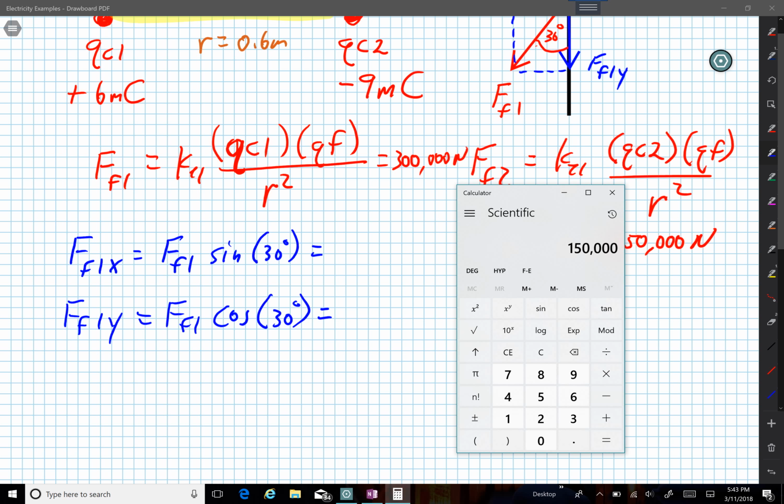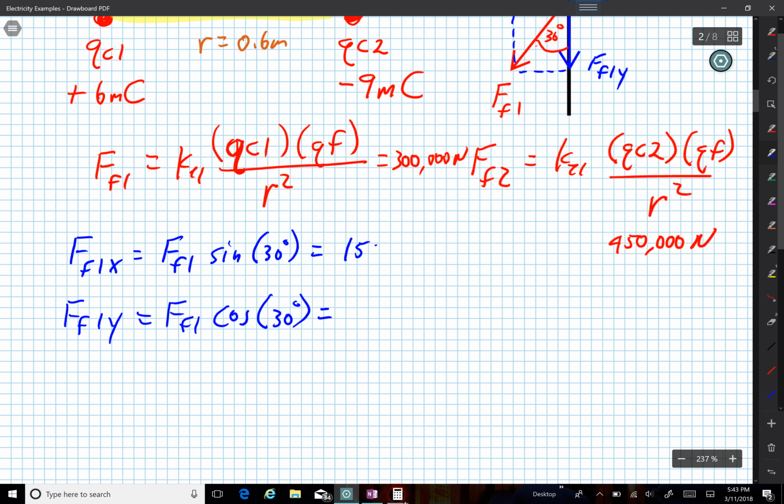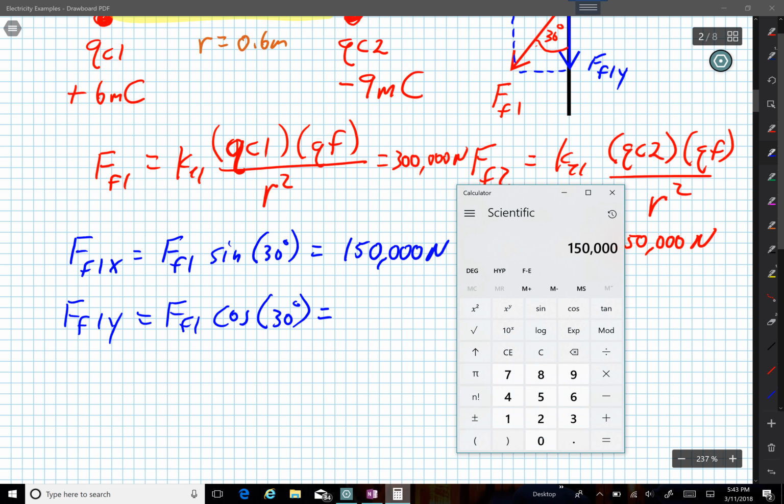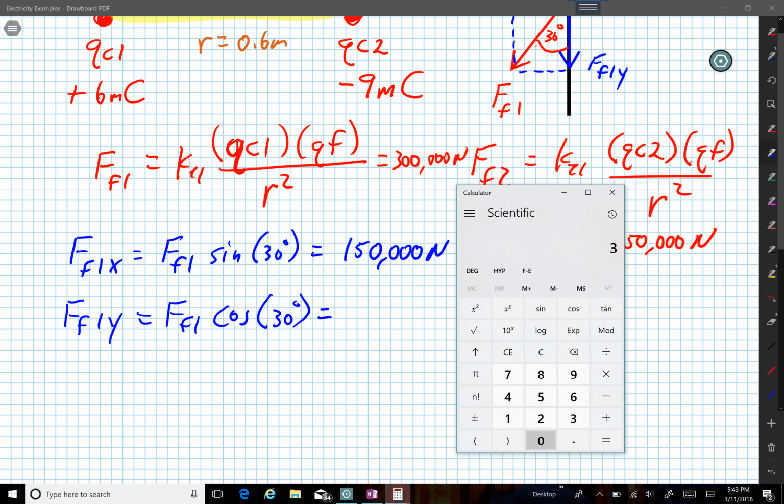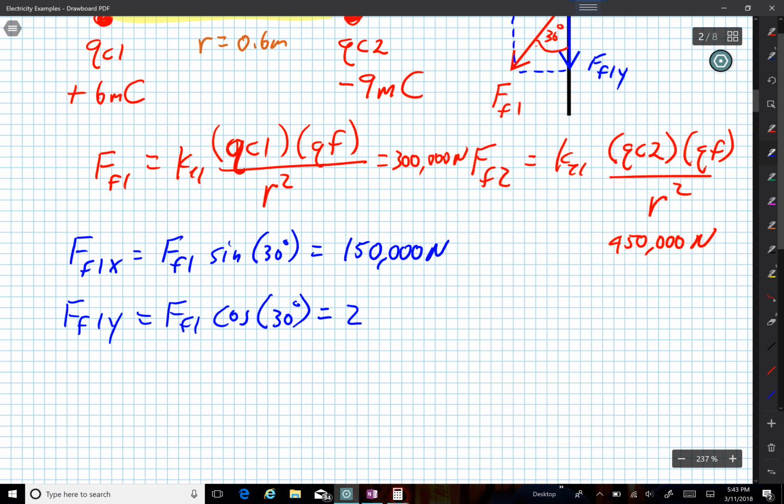300,000. 150,000. And let's do 30, and we'll do cosine times 300,000. $259,807.